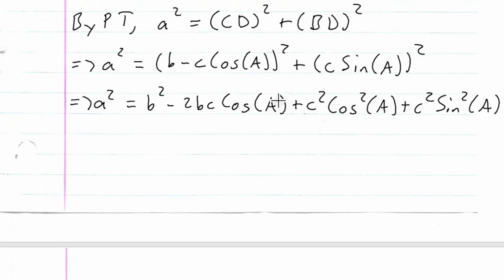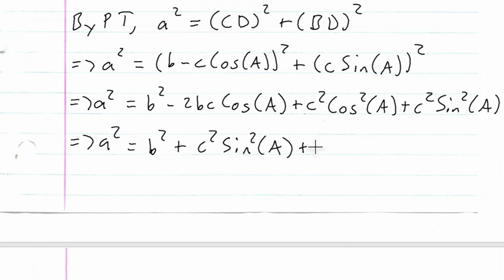So this implies that a squared equals b squared plus c squared sine squared A plus c squared cosine squared A, and then minus 2bc cosine of A. Now, remember, the Pythagorean identity states that sine squared of an angle plus cosine squared of that same angle is equal to 1. So from both of these terms I can factor out the c squared.